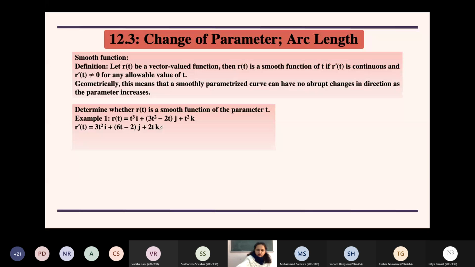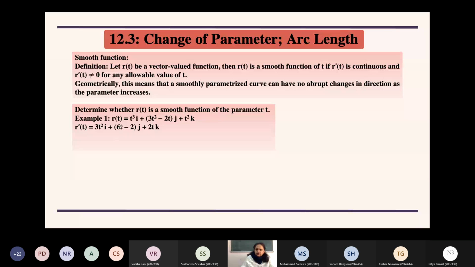Yes, ma'am. Yes, okay. So what can you say about the continuity part? Can you say this r dash is continuous? Yes. Yes, so this is continuous because its components, if you see, they are all polynomial expressions and they are defined for all values of t.